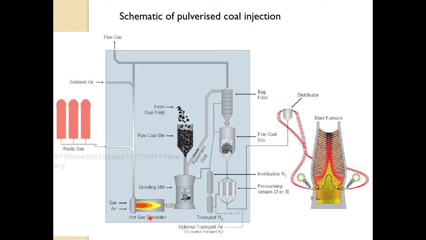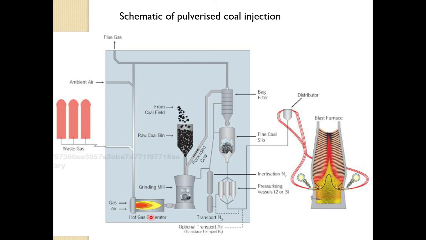If size is higher, then it will deposit in the upper part of the blast furnace, and we reduce the permeability and operation problems will come. So, usually size is between 75 to 100 micron.